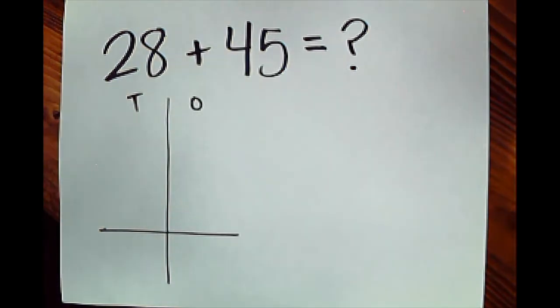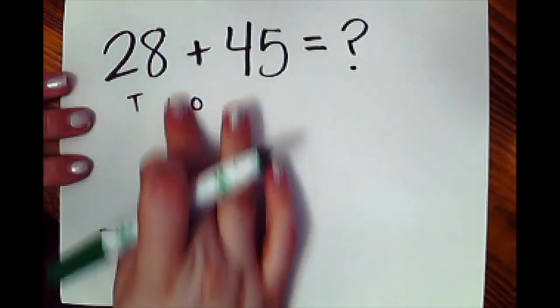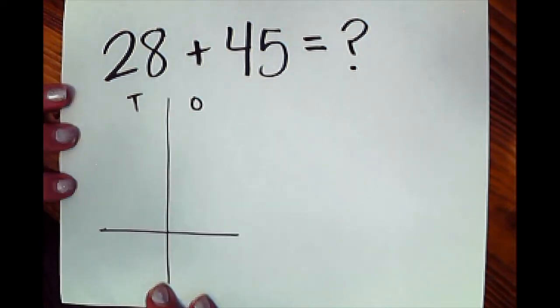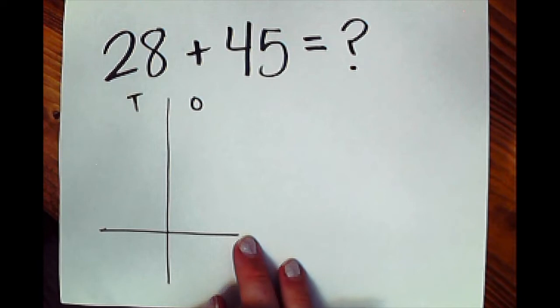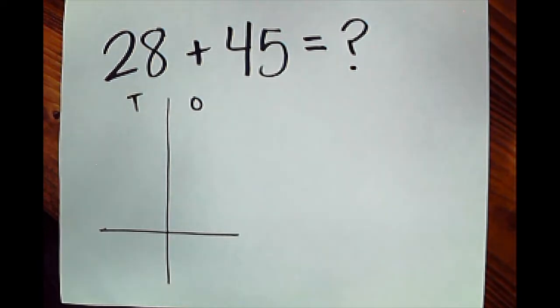This will help me remember my place value. If this is something you don't need, don't worry about making it. But if you do need it, I would recommend you draw this vertical line and this horizontal line. It makes an upside down T, and you can use it for your place value.